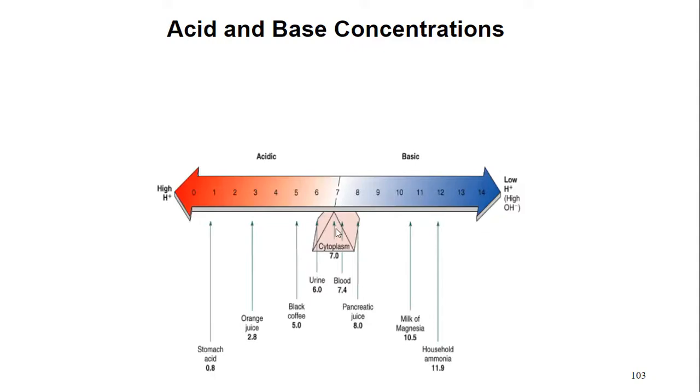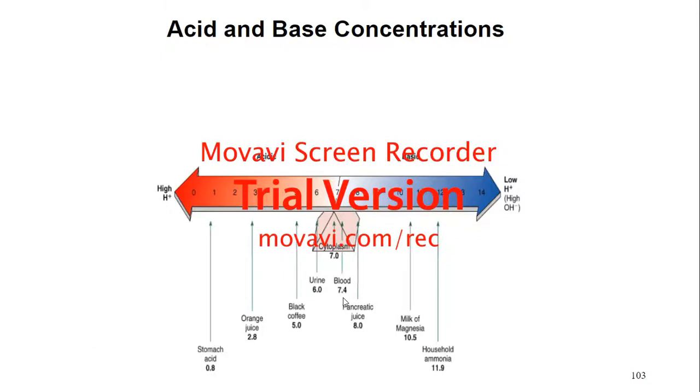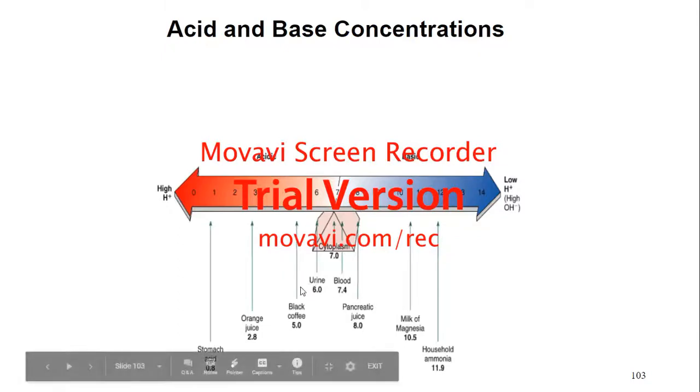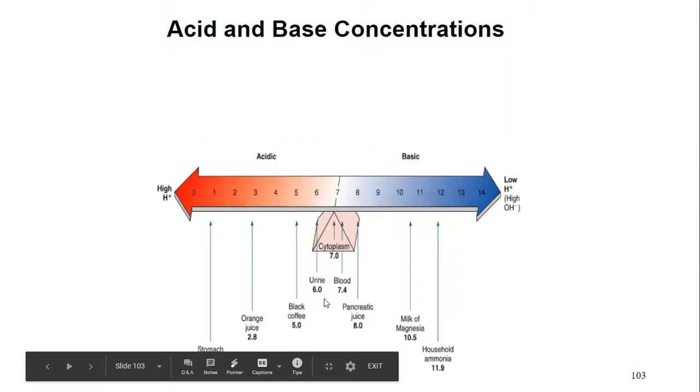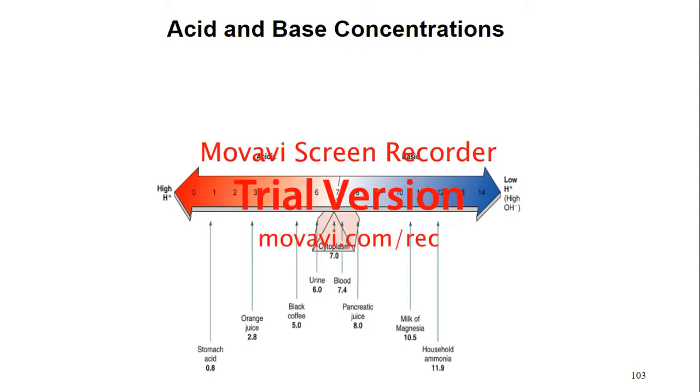Cytoplasm is right around 7. Blood is slightly basic, 7.4. Urine is slightly acidic, 6.0. Coffee is around 5. Orange juice is around 2.8. Then our stomach acid is very, very acidic.